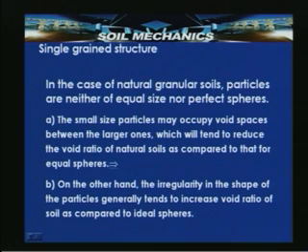The small size particles may occupy void spaces between the larger ones, which will tend to reduce the void ratio of natural soils as compared to that for equal spheres.